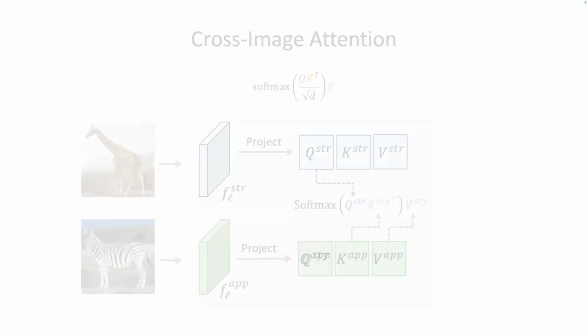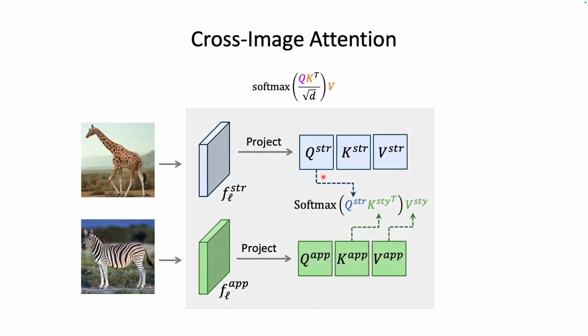And if you think about it, after we saw these cross-image attention maps, what we can do is to basically replace all the self-attention maps of the model when we generate this image of the giraffe with cross-image attention layers, where we're going to take the queries from the giraffe and the keys and values from the zebra. And the idea is to replace the self-attention layers along the entire denoising process in many layers of the model.